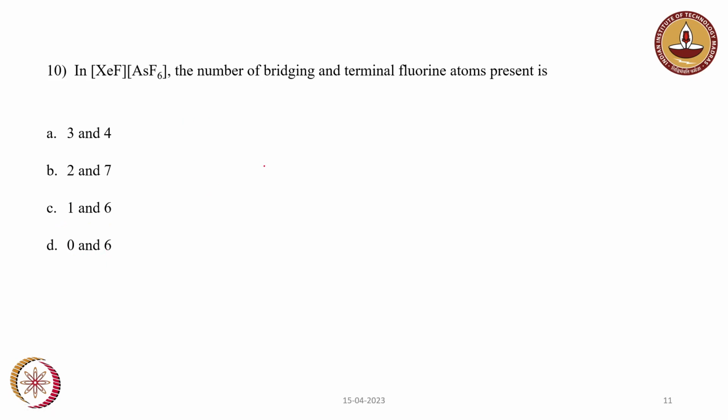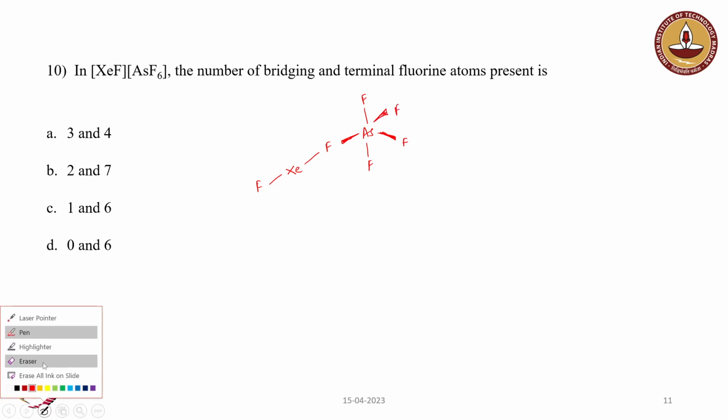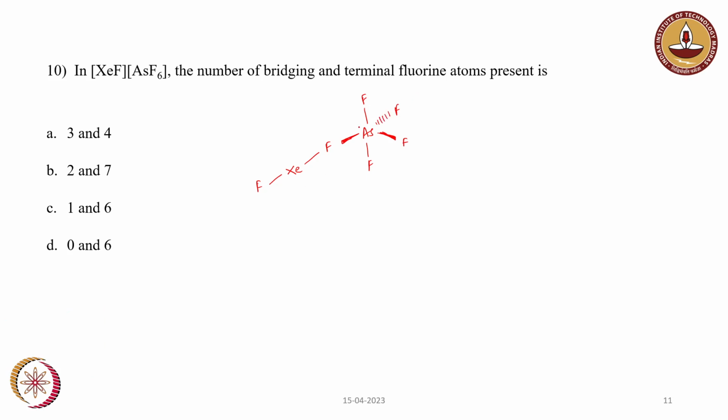So the structure of XeF5 plus and AsF6 minus is this one.